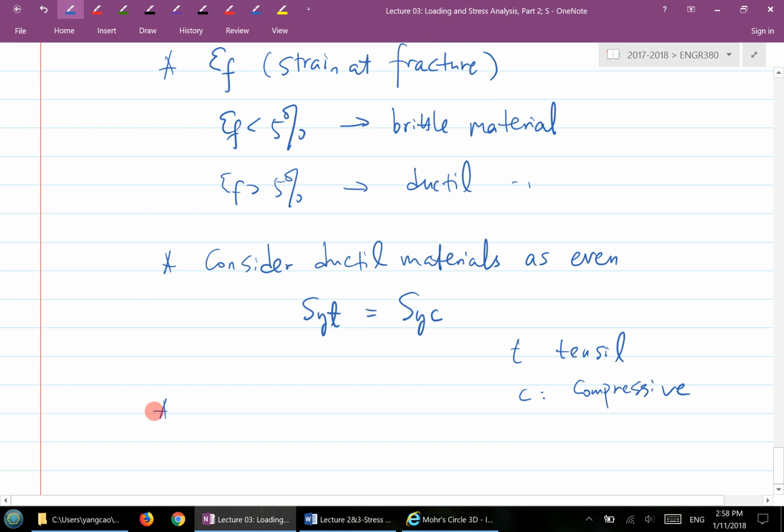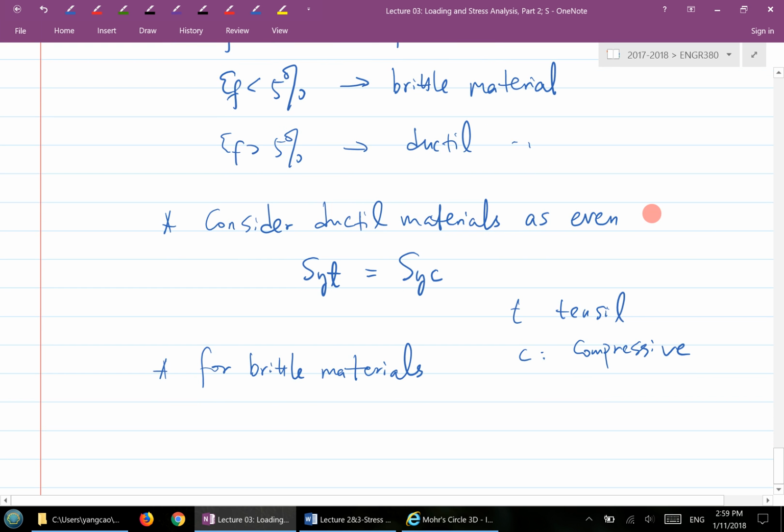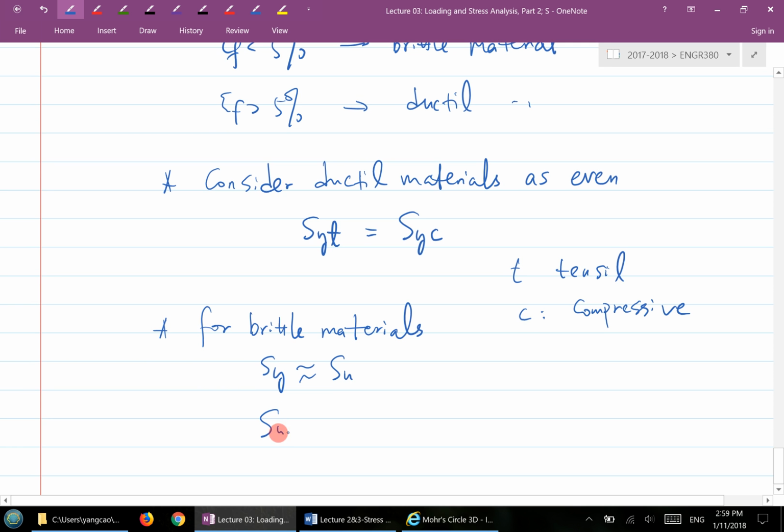So for brittle material, our S_Y will be approximately the same as S_U. So your yield strength is not much different from the ultimate strength, which is the strength when it breaks or fractures. But your S_UT is not the same as S_UC.